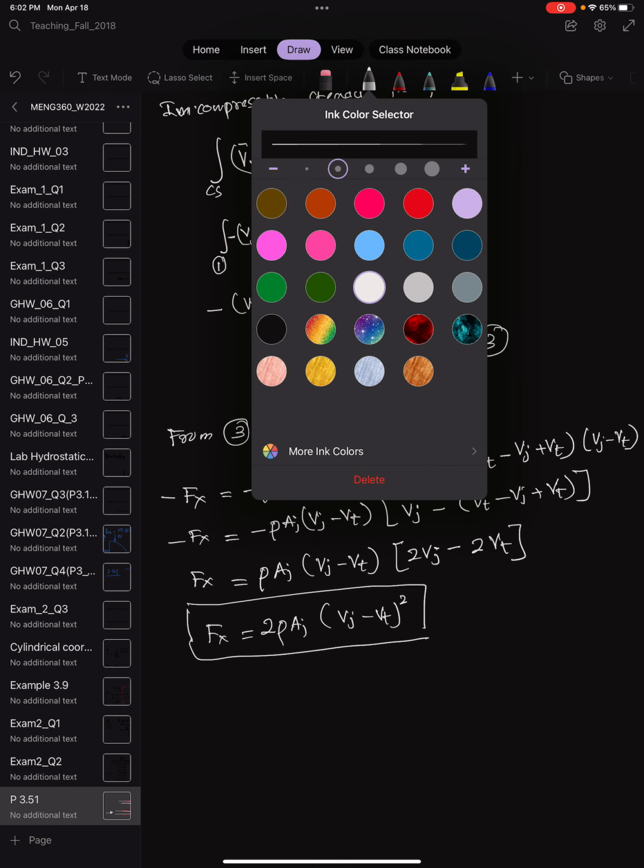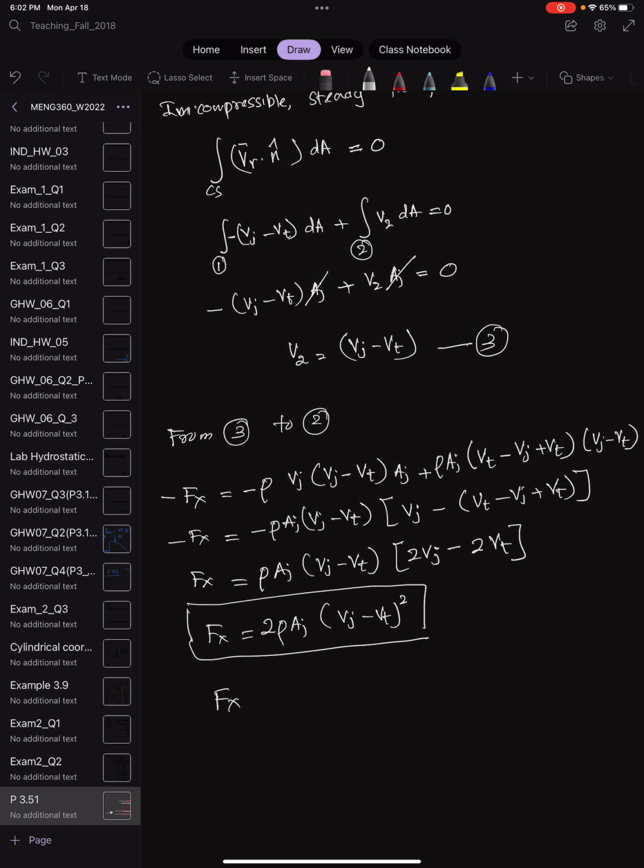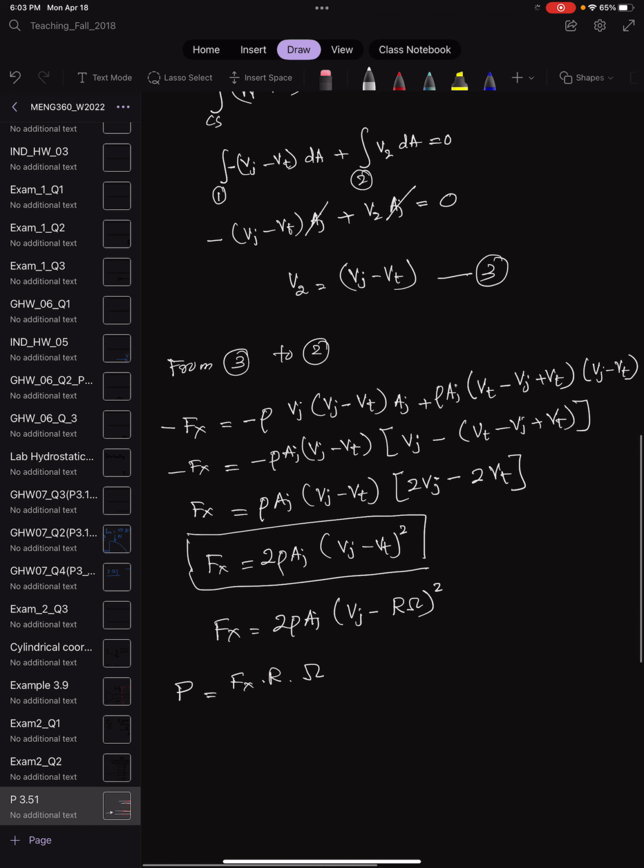So Vt is r omega, and fx equals 2 rho Aj Vj minus r omega squared. P is equal to torque, which is fx times r, times omega.